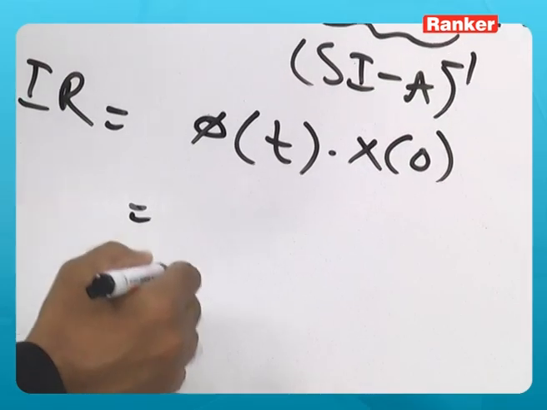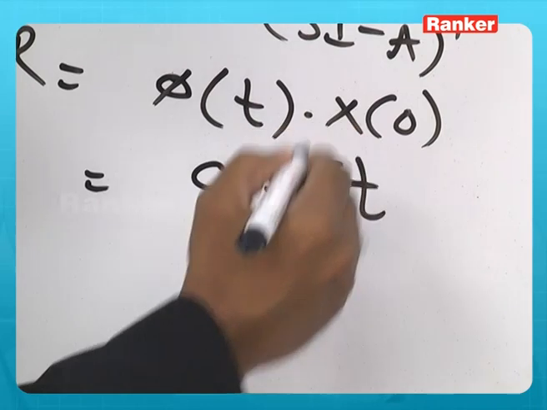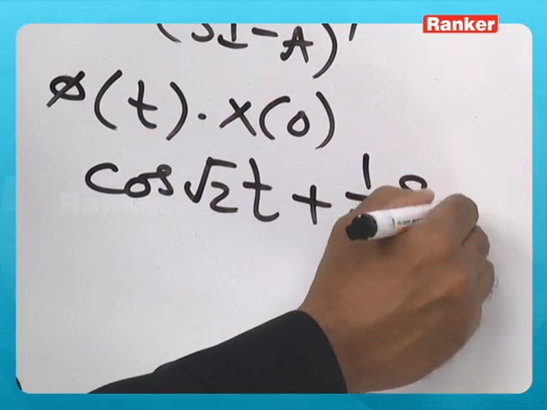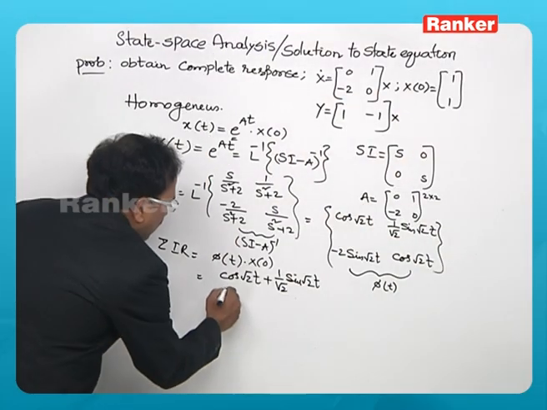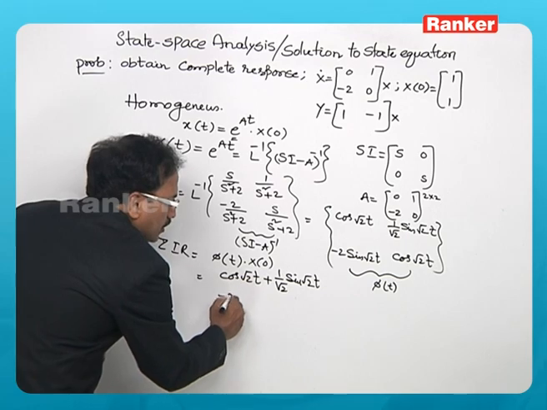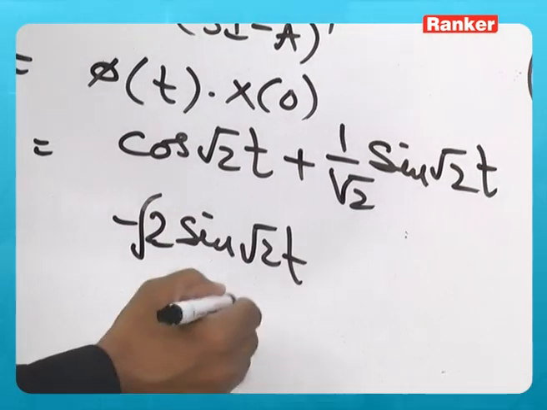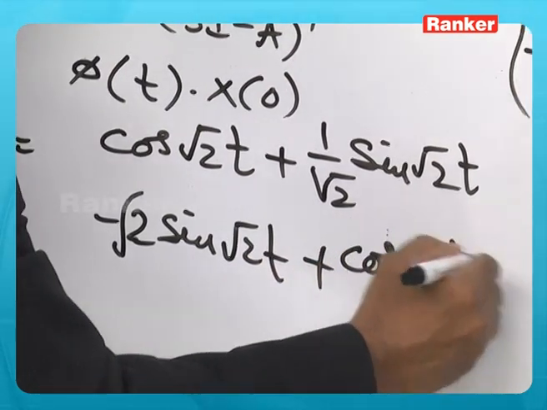So, the resultant of this will be cos root 2 t plus 1 by root 2 sine root 2 t as the first term, and minus root 2 sine root 2 t plus cos root 2 t.